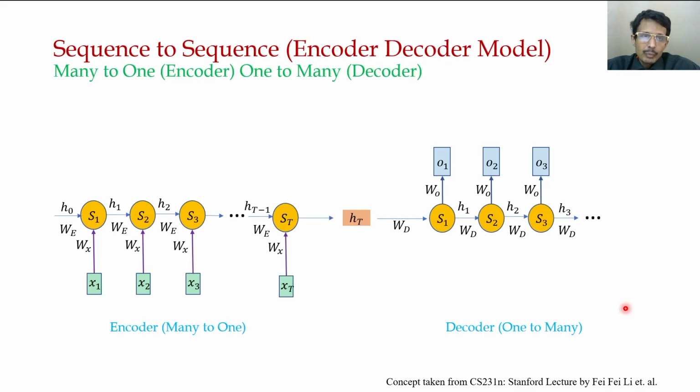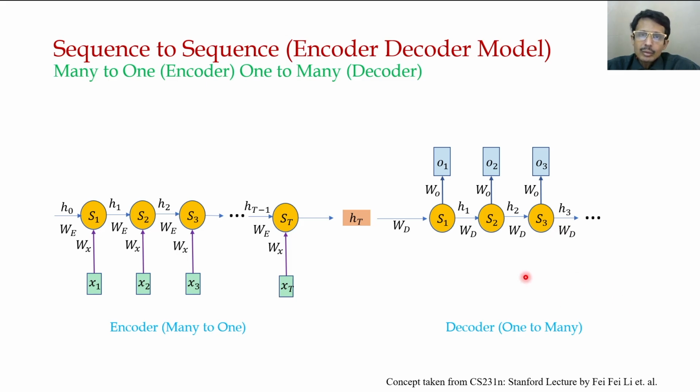Now we are going to understand how this RNN architecture can be used to implement some NLP or other vision task. We start with an NLP task. Here we introduce a model called the encoder decoder model.